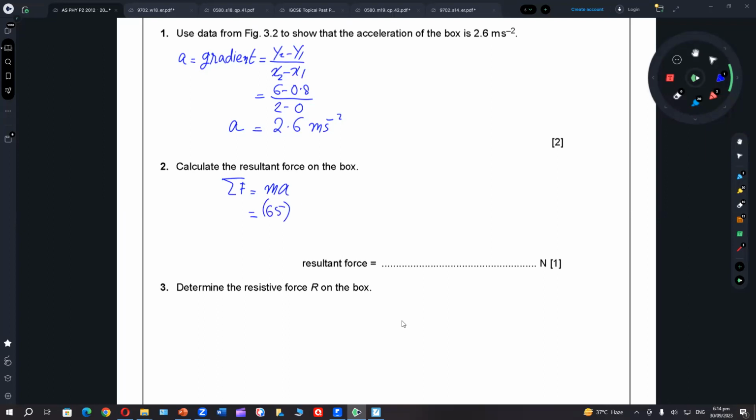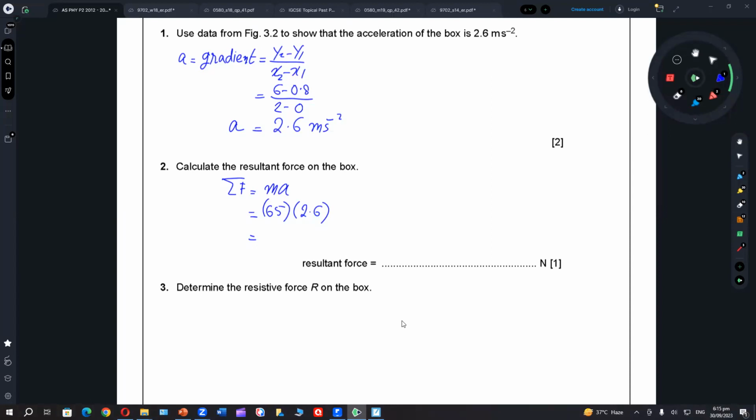The acceleration is 2.6. What is the answer of this calculation?